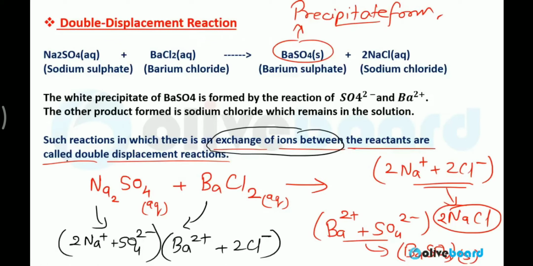Clear? So basically, exchange of ions is taking place here, and this kind of reaction is called a double displacement reaction.